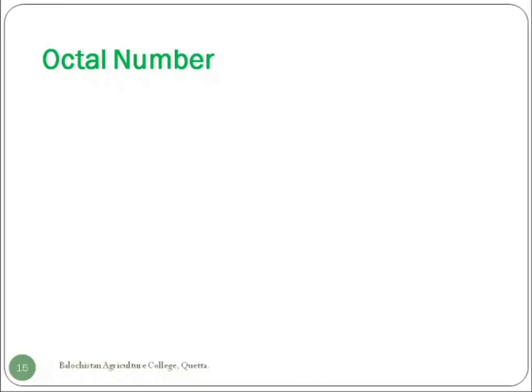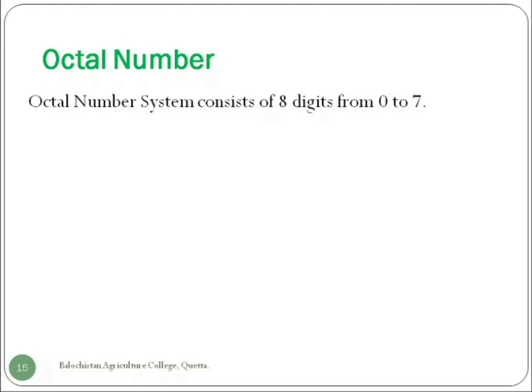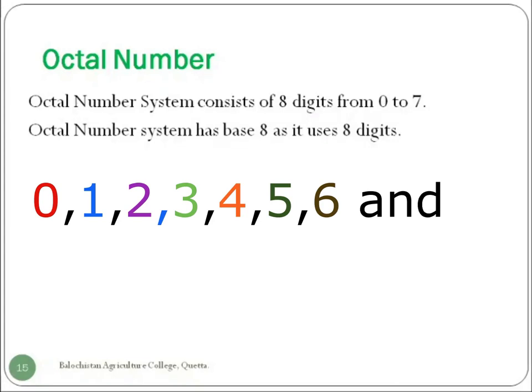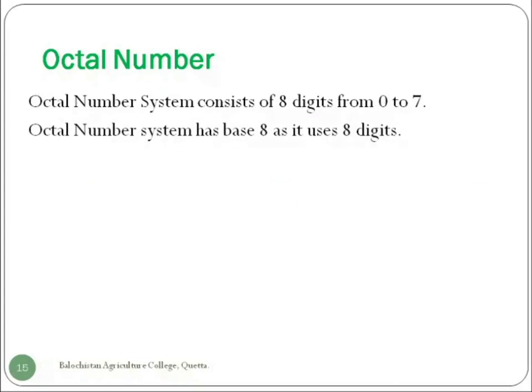Whereas an octal number is called a base 8 number because it has 8 digits, and these are 0, 1, 2, 3, 4, 5, 6 and 7. An octal number does not know what 8 and 9 are. It only knows from 0 to 7.